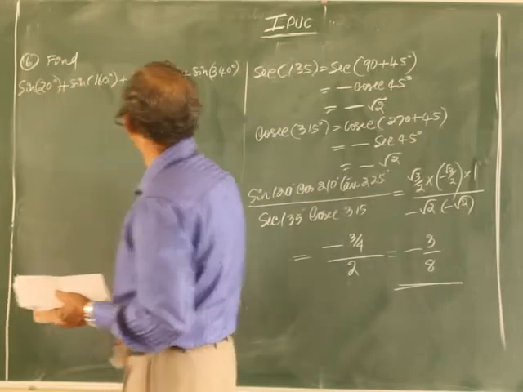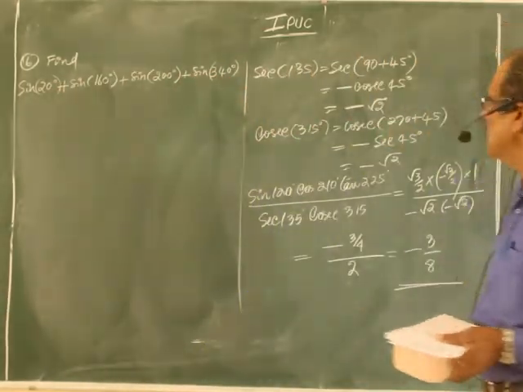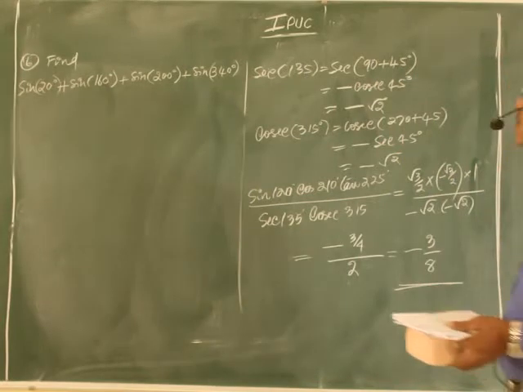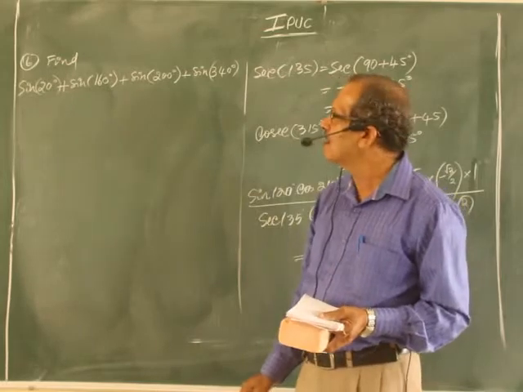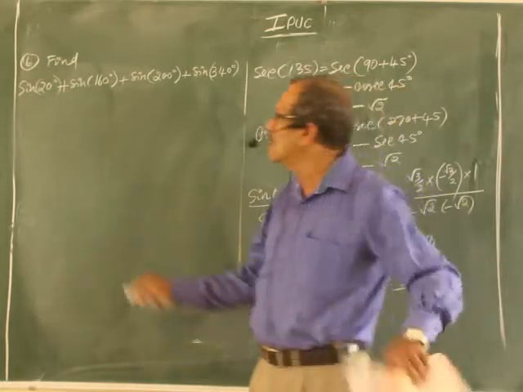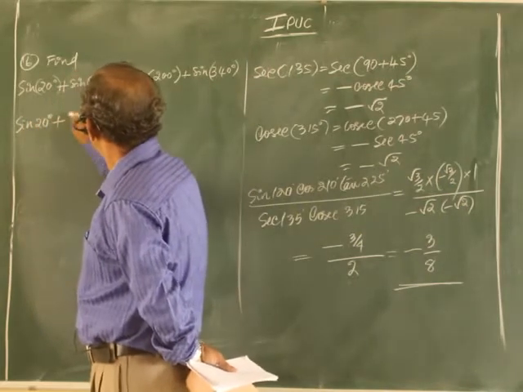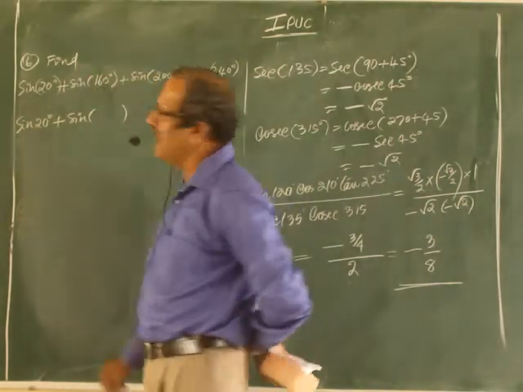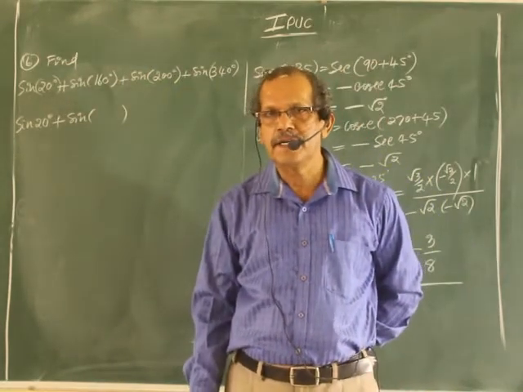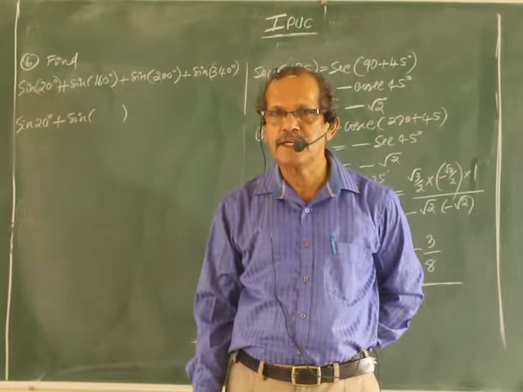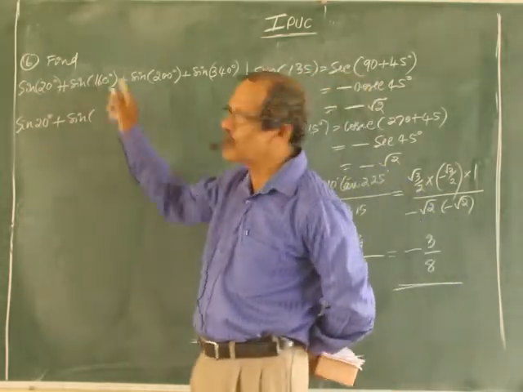Actually, the angle is not a standard angle. Even then, you can apply the allied angle formula to simplify this. Sin 20. Use the allied angle here: 90 plus 70, also 160.